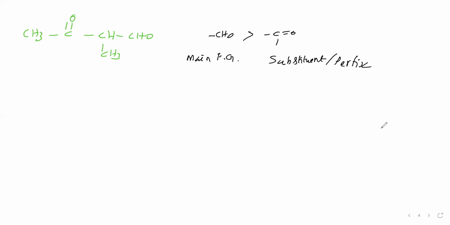So now we will select the parent chain. We have selected the parent chain like this. This methyl group is a branch, and its name is methyl.